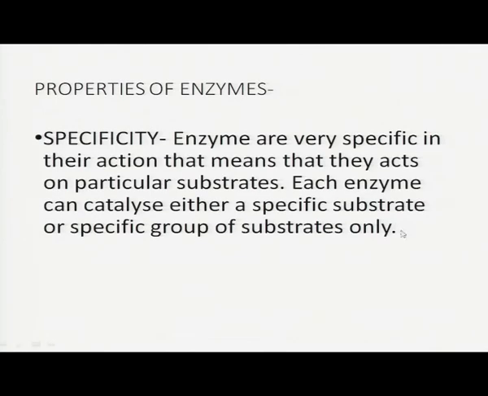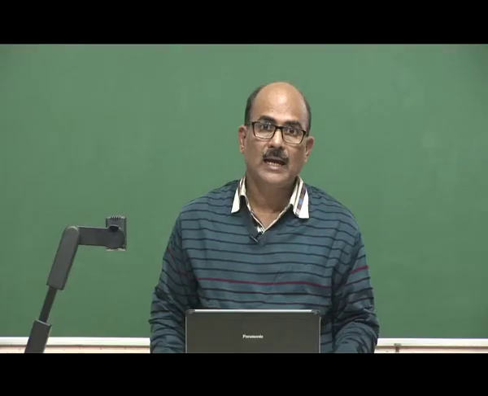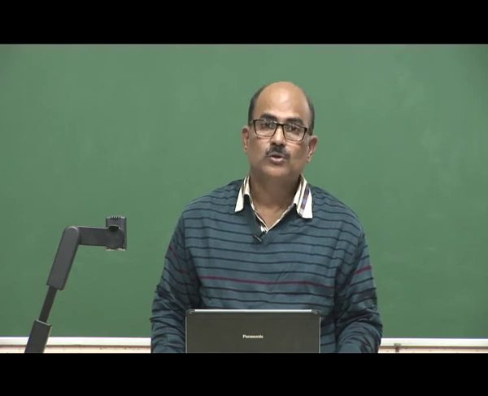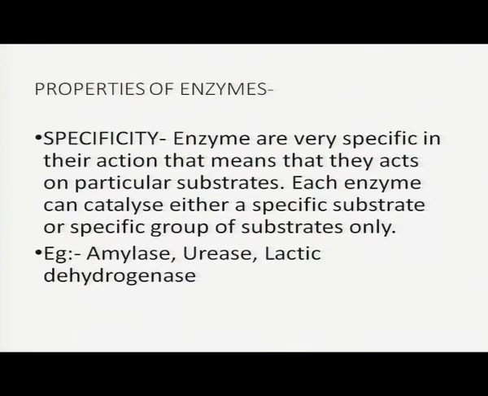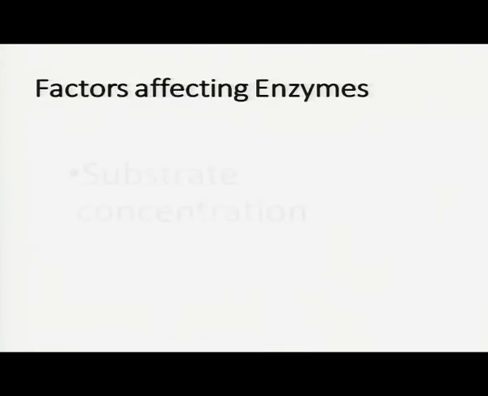Now, the properties of enzymes: specificity. Enzymes are very specific in their action. That means they act on a particular substrate. For example, the sucrase enzyme acts on sucrose and the maltase enzyme acts on maltose. So, enzymes are very specific in nature. Amylase, urease, lactic dehydrogenase act on their substrates.